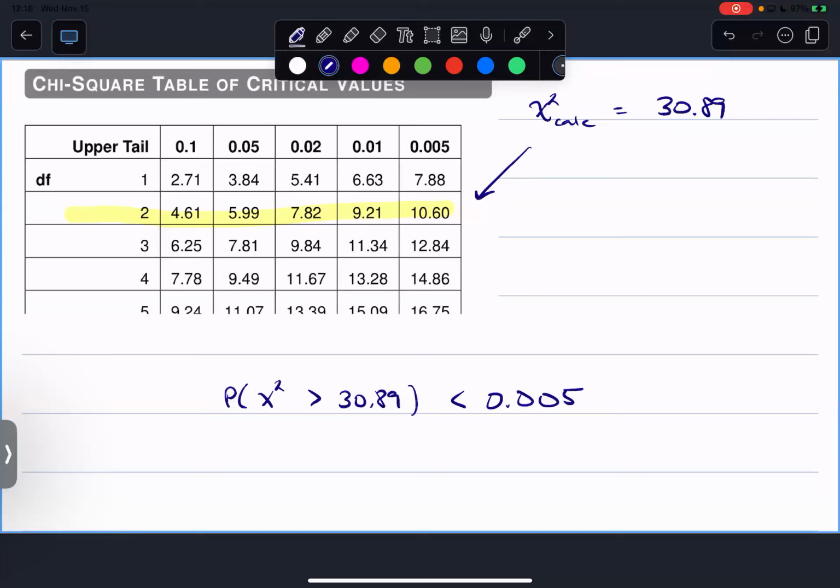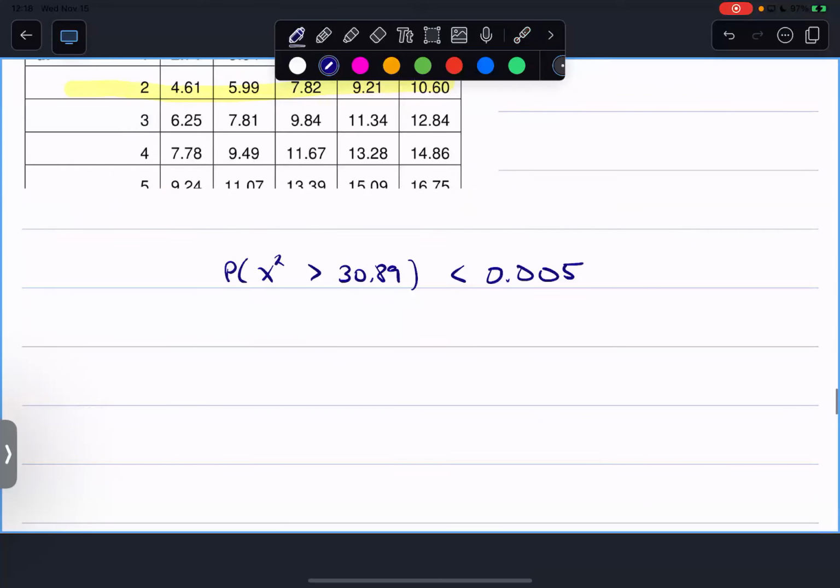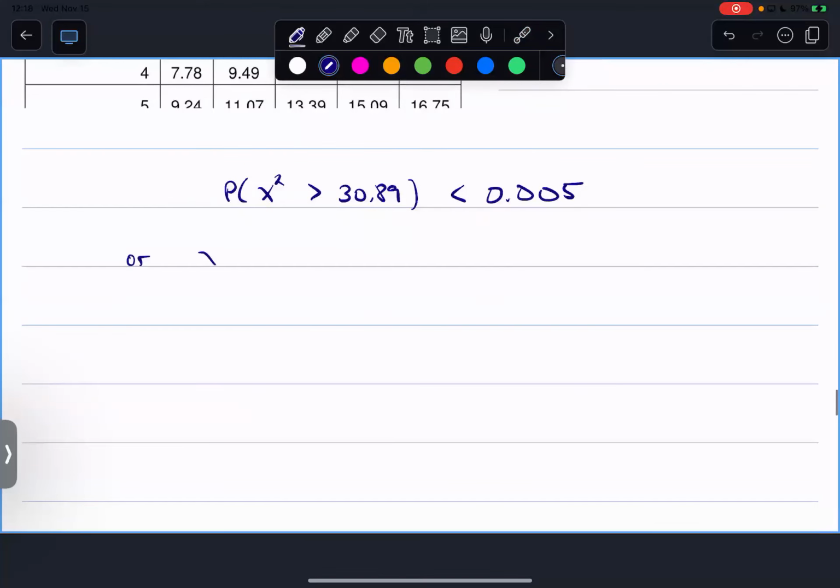What's the other way that you could do it? You could find the critical value, you could force the area in the tail to be 0.05. Any chi-squared greater than 5.99, you're going to reject H0, right? So the chi-squared critical is 5.99 if alpha is 0.05.